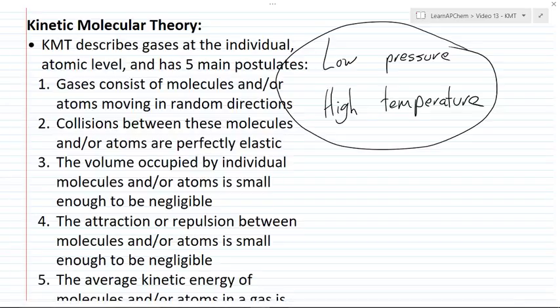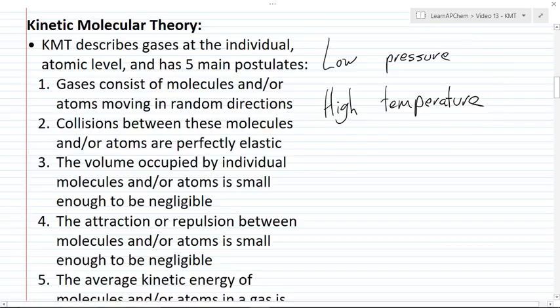Alright, so the first is that gases consist of molecules and or atoms moving in random directions. Okay, fair enough. That applies throughout gases. Second is that collisions between these molecules and or atoms are perfectly elastic. What I mean by that is, let's say that this is coming at 4 meters per second, and so is this.